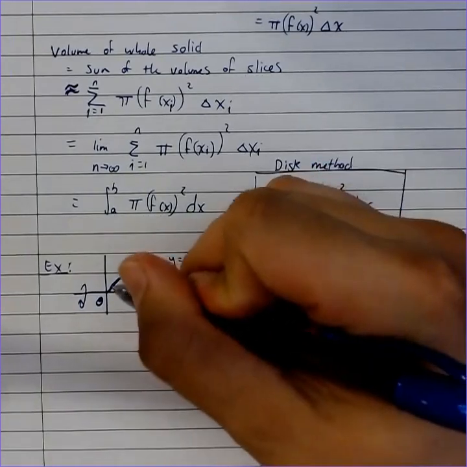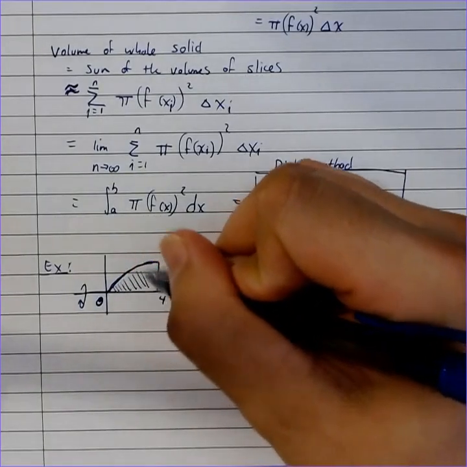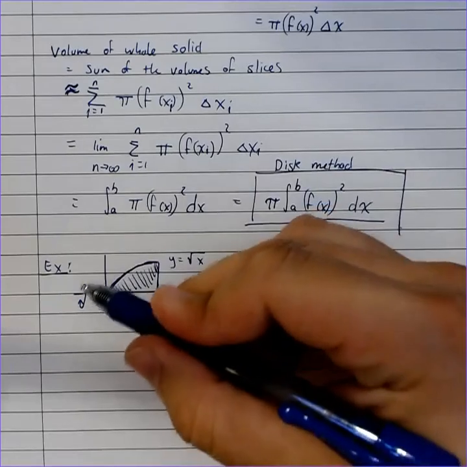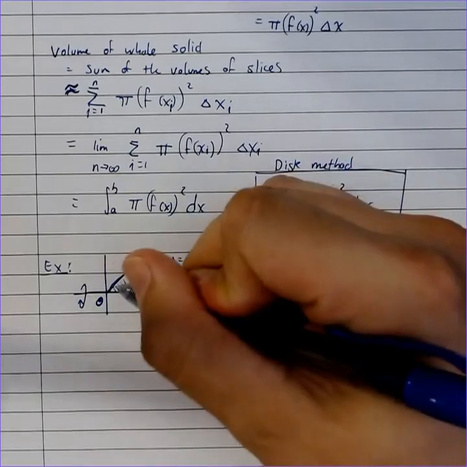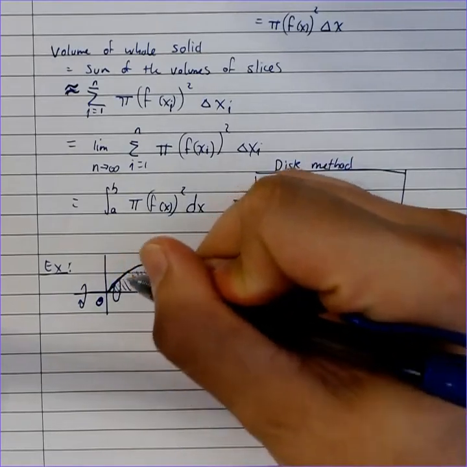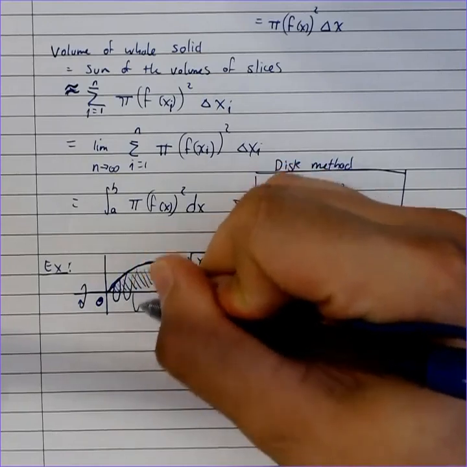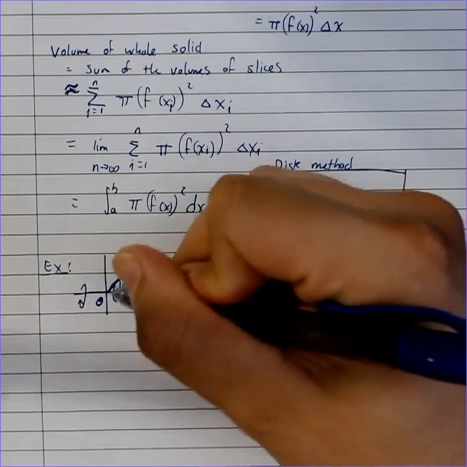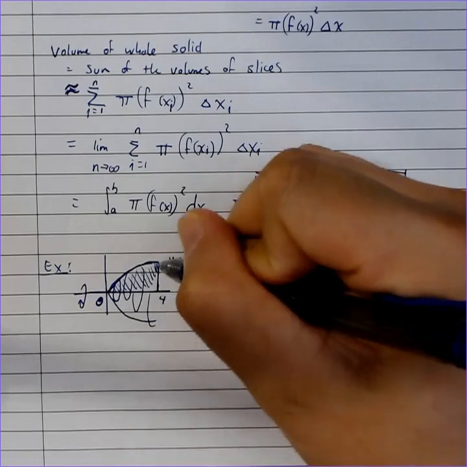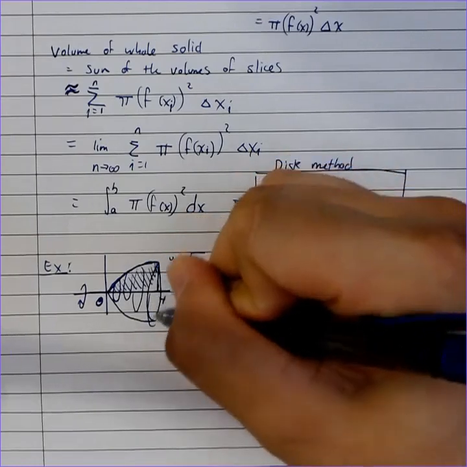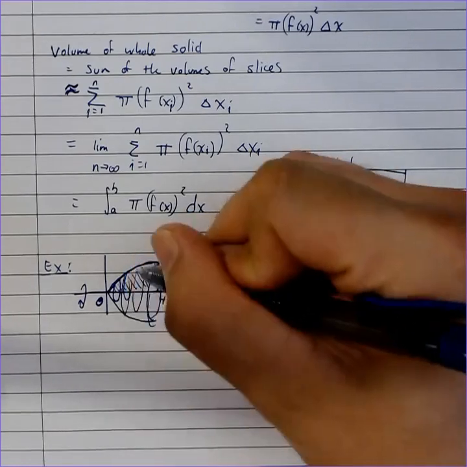All right. So once you have that shape, you're going to start to revolve around the x-axis. So this point will come around, and this point will come around, and this point will come around, and around and around like this. So eventually you get this shape here.